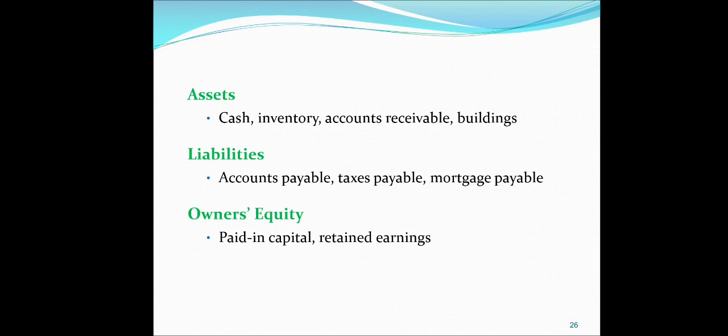You will have cash in your drawer, and also you will have cash in your bank account. So cash is also a resource owned by the business. So always remember, for a business, the resources owned by the business are called assets.